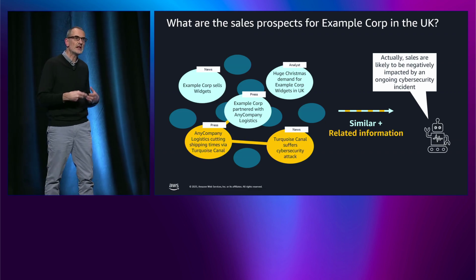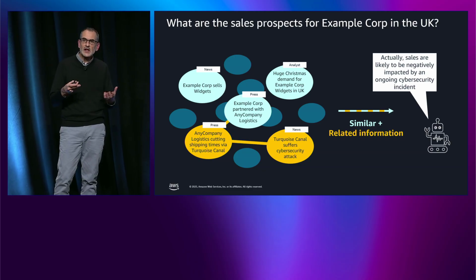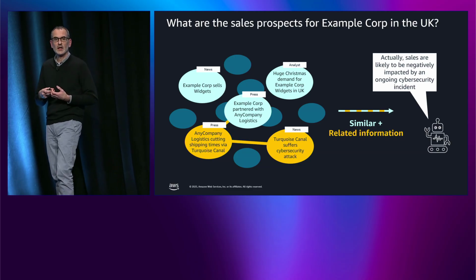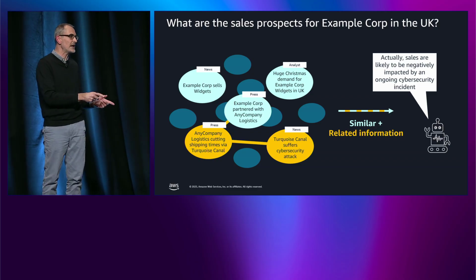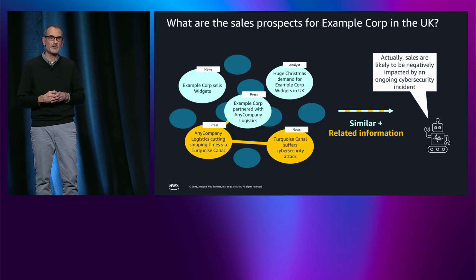And I say structurally relevant because we can perceive some structure here. There's a connection between Example Corp and Any Company Logistics, and between Any Company Logistics and the Turquoise Canal, and between the Turquoise Canal and this ongoing cybersecurity incident.